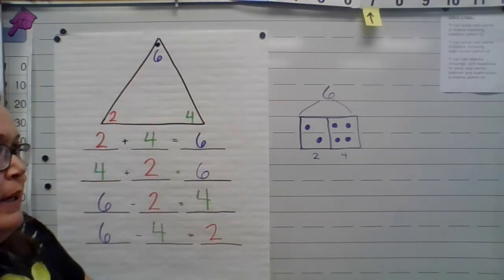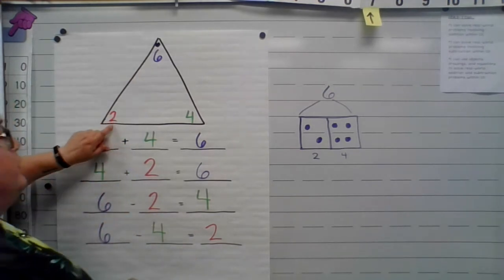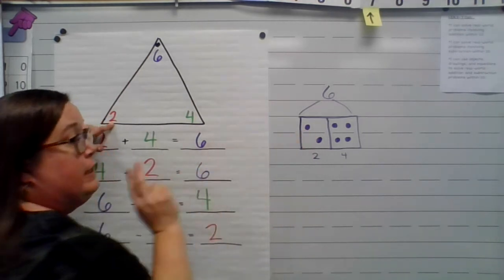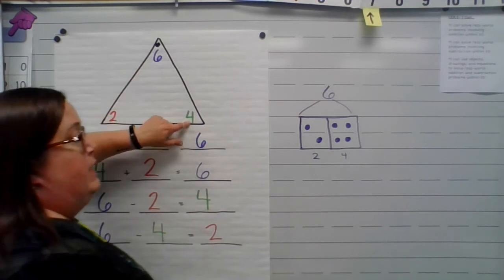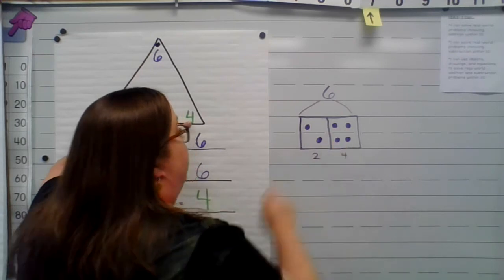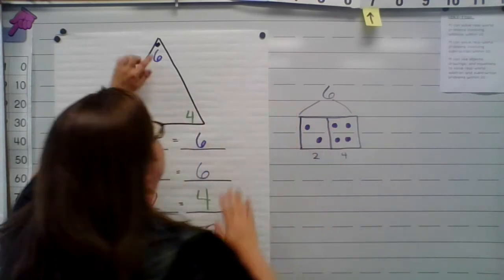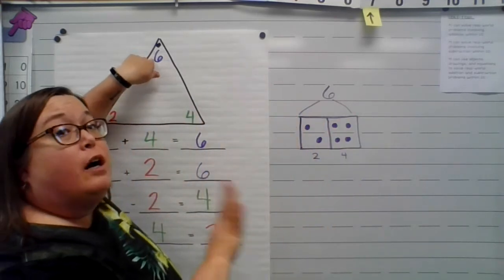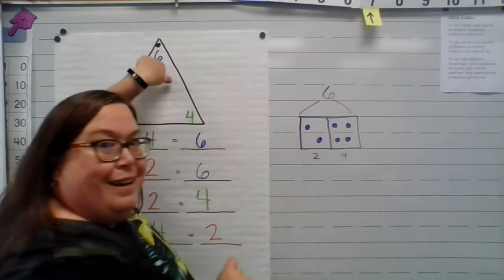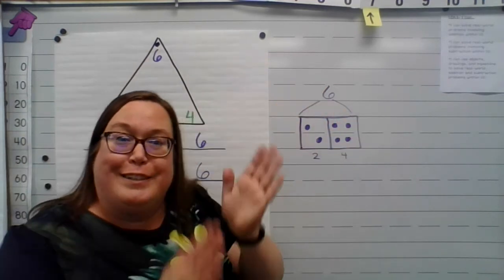Let's double check and make sure that we did the right amount of dots. Here's the 2. I represented it on this side of the domino by going 1, 2 dots. I represented the 4 on this side of the domino by drawing 4 dots. 1, 2, 3, 4. Now, if I did it correctly, then the whole domino should be the biggest number. If I count all the dots, 1, 2, 3, 4, 5, 6. We did it right. It all matches. 6 and 6. 6 dots. Good job, friends.